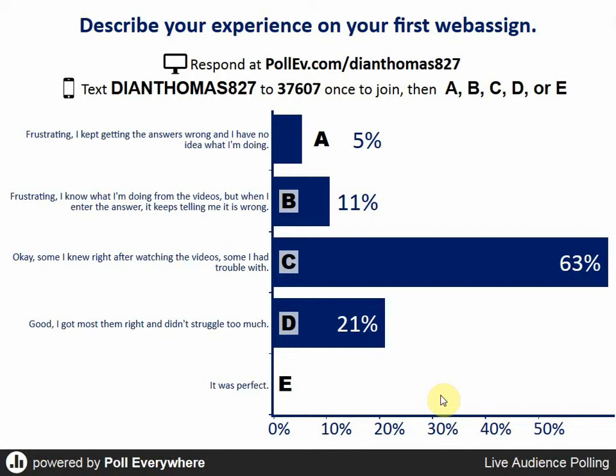Did everybody get a chance to put in their answer? So you can be completely honest because it's anonymous, and then you can also see where the rest of the class stands.